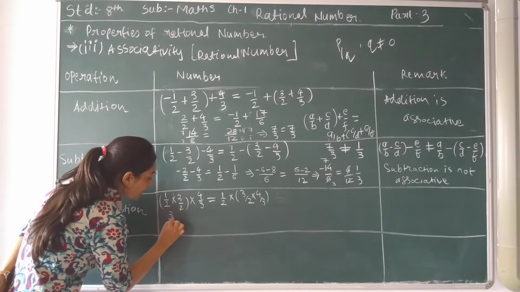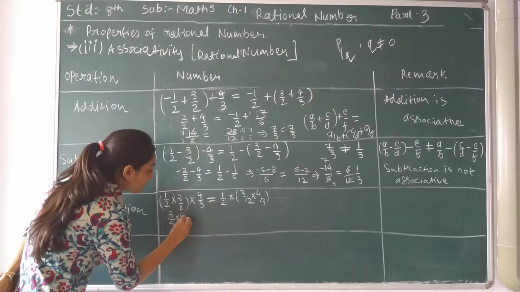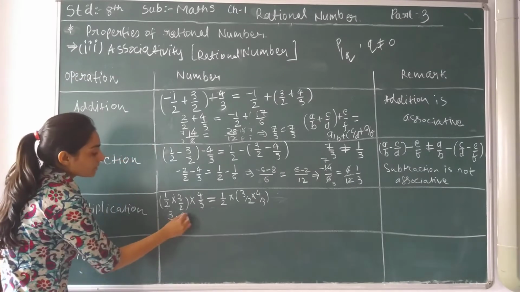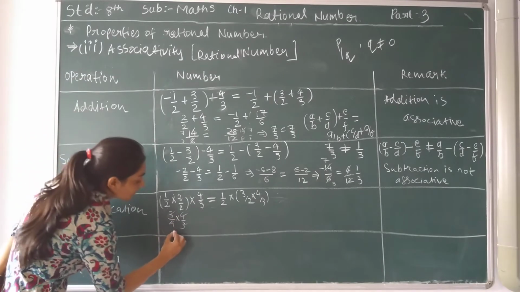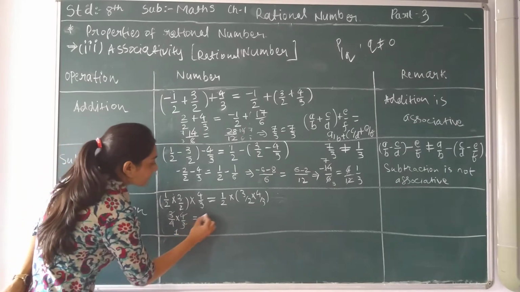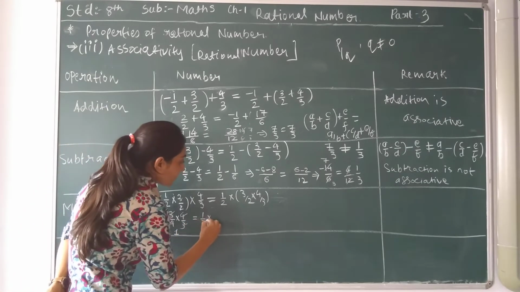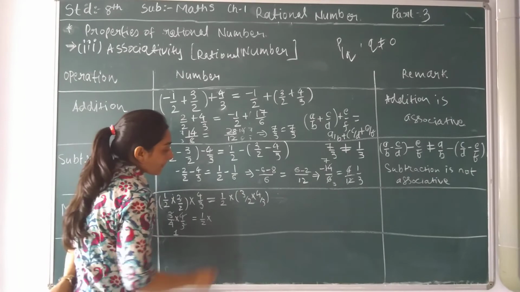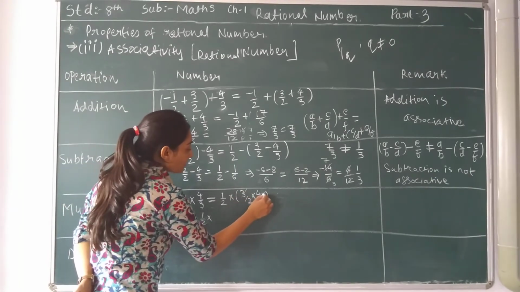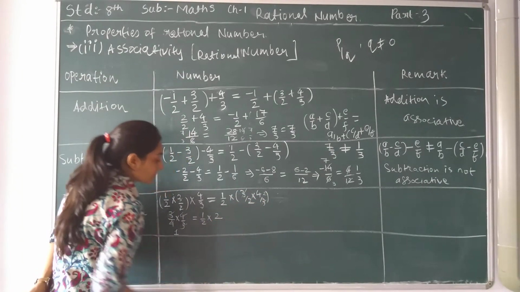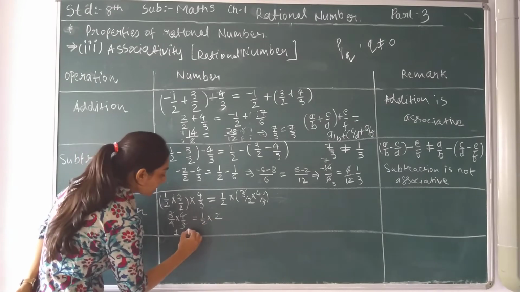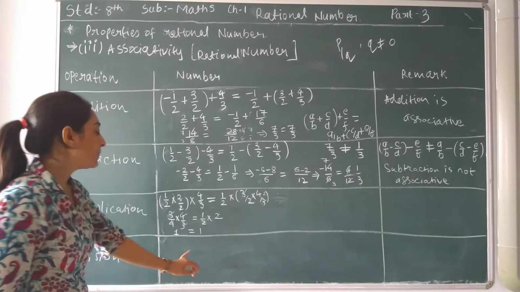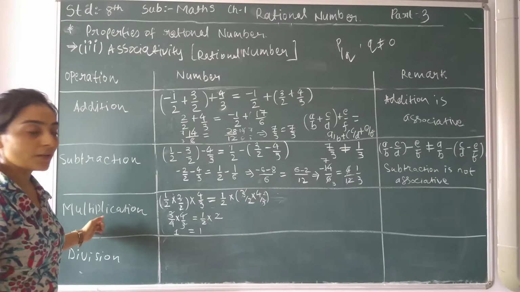So 3 divided 4 multiply 4 divided 3. So this one gets cancelled, what remains over here? 1. So 1/2 into, again 3 gets cancelled, 2 left only. So again 2 gets cancelled, what remains over here? 1. It means the multiplication property holds.